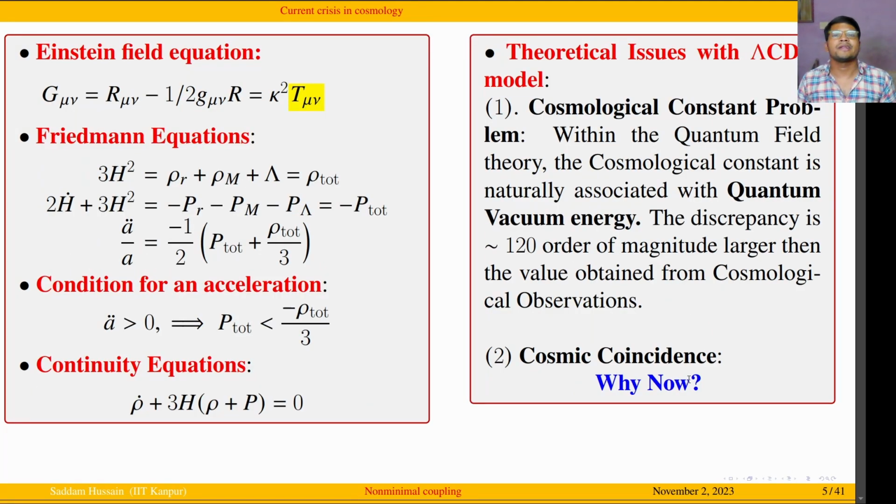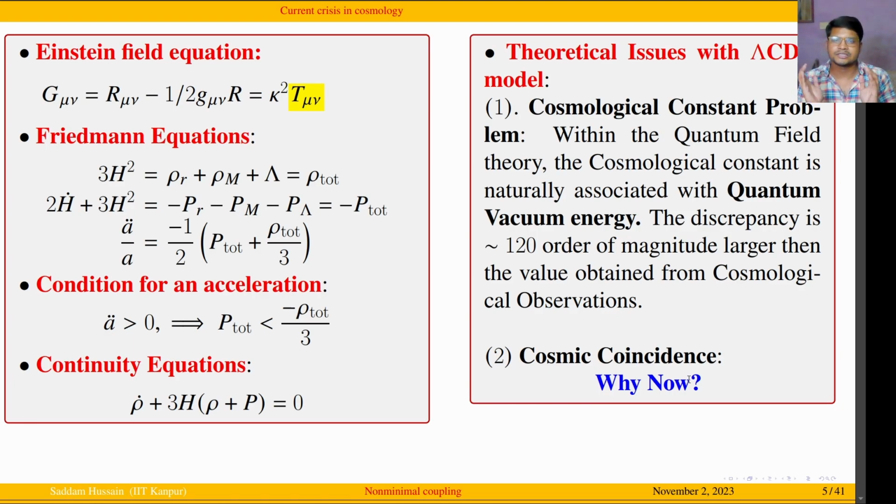Now, if you take a variation of this action, with respect to g_mu nu, which is the metric, then we end up with the Einstein field equation, which is R_mu nu, the Ricci tensor, minus one half g_mu nu R, the Ricci scalar, equal to the stress tensor T_mu nu. So what Einstein did was unify the curvature with the matter energy tensor.